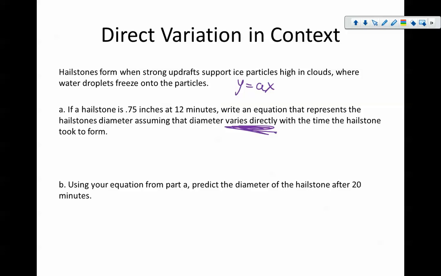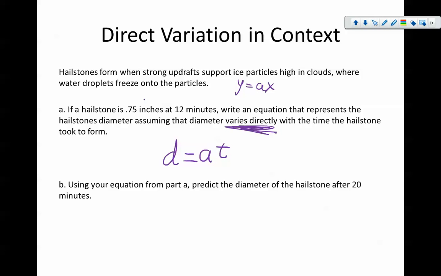Diameter varies directly with time. So I have the diameter of my hailstone equals the amount of time that has gone by times this constant of variation. So that's what I got to figure out. I got to find my A.